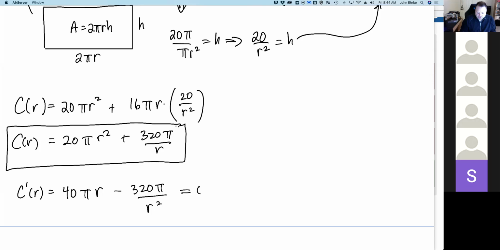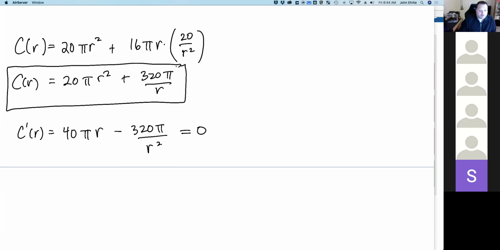So we'll set this equal to 0 to find the critical point. You could get a common denominator here, but remember the trick that I was talking about before where you just multiply through by r squared. I think that's much easier.